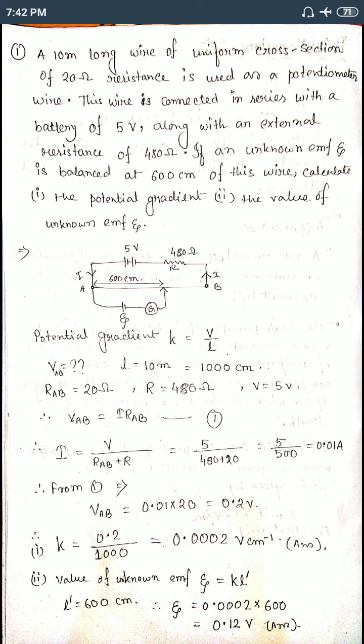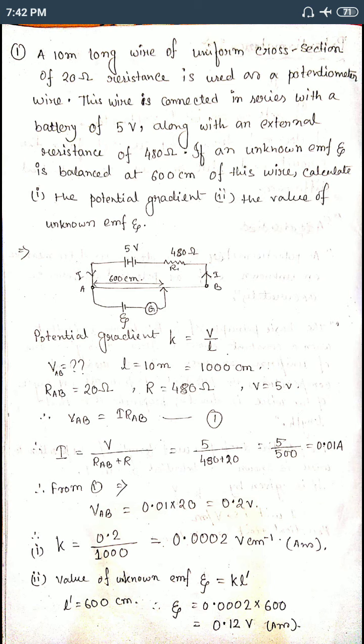So in place of K we put 0.0002 into L dash, that is 600, and we get 0.12 volt. This is the value of the unknown EMF E. It is very easy. You have to remember that the potential gradient is also the same.